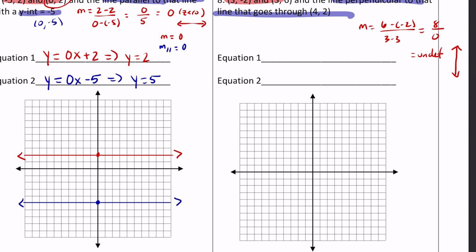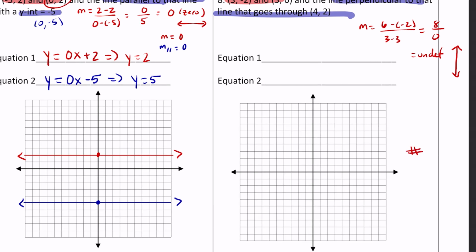If I have a number in the numerator and 0 in the denominator, which is my undefined, I just swap the position. So here we have m being undefined, yes? Then my new perpendicular slope should be 0 over that number, which is just 0 slope. Okay, super important that you understand that concept.